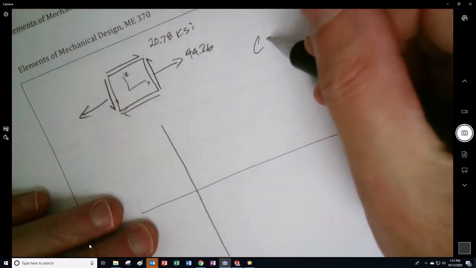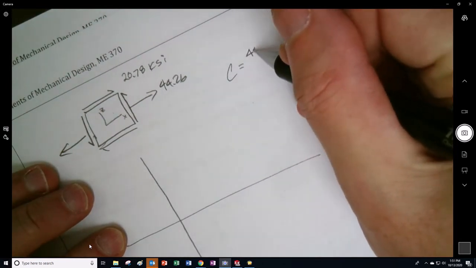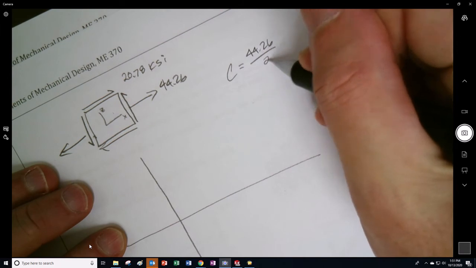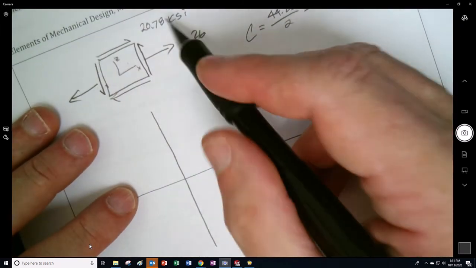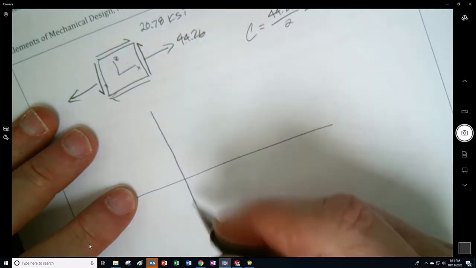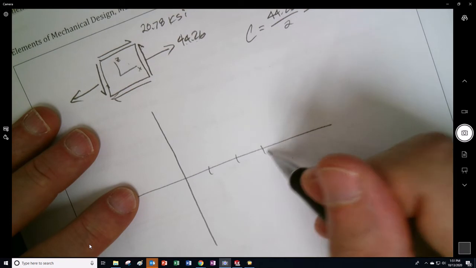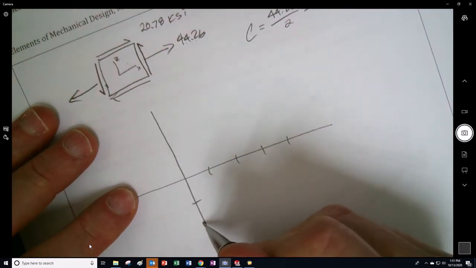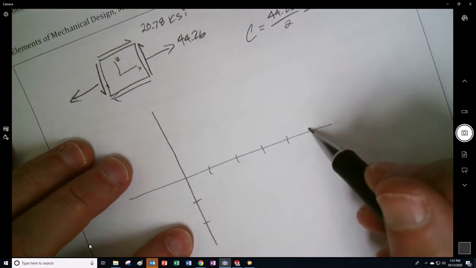I'll go C equals, and that's just going to be the center of the thing, so 44.26 divided by 2. I should plot these out. So this is 44.26, this face, and that's counterclockwise. If I went 10, 20, 30, 40, this would be 50.